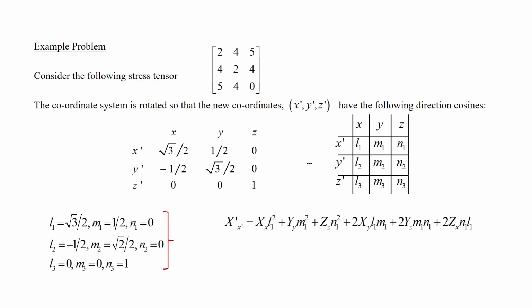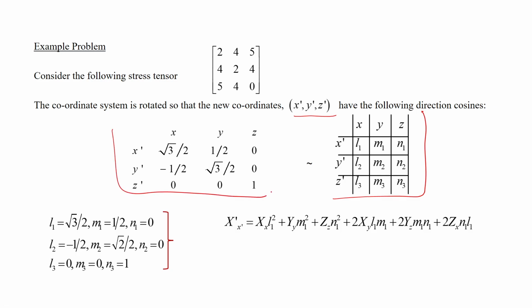So, consider that we have this stress tensor 2, 4, 5, 4, 2, 4, 5, 4 and 0. The coordinate system, let us say, is rotated so that the new coordinates x dash, y dash and z dash have the following direction cosines.